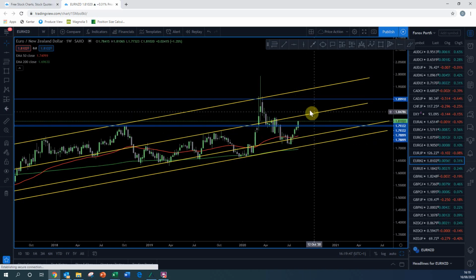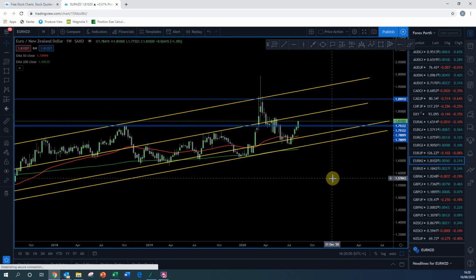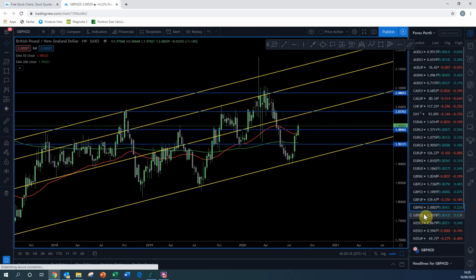We don't have any resistance in the way other than this channel resistance, which can easily break, and also this resistance line. They are the only two bits of resistance in the way, which leaves quite a lot of room for movement on this currency pair as well. It outlines that the New Zealand dollar is looking weak against both the Aussie and also the euro.